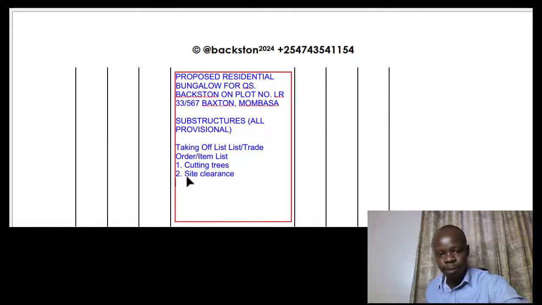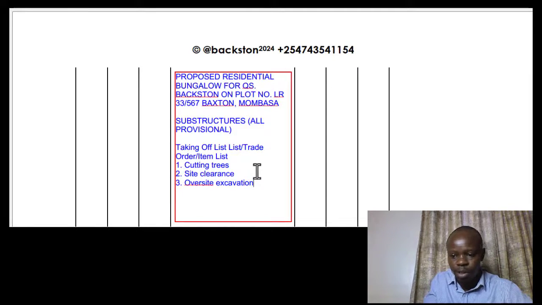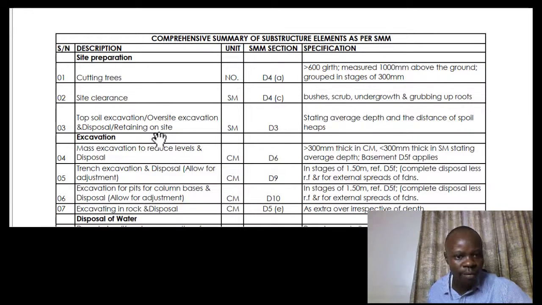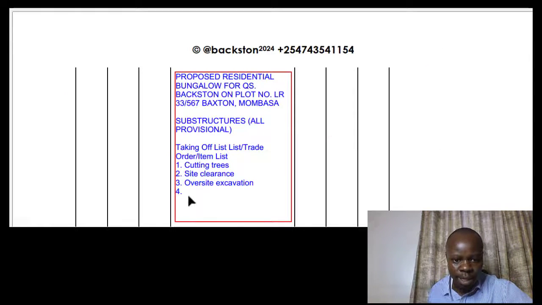Then item 3, we are going to talk about oversite excavation. Then item number 4, just listing what we have here. We've said oversite excavation. Then we go to mass excavation.